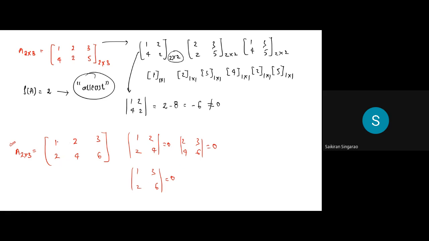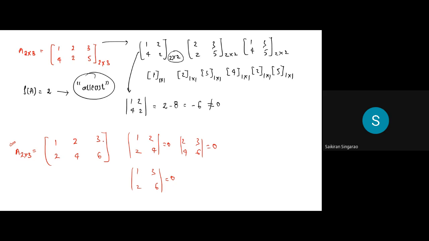Then you will go to 1 cross 1, and you will find at least one 1 cross 1 determinant that is not equal to 0. Can you find at least one 1 cross 1 matrix whose determinant is not equal to 0 from this matrix?